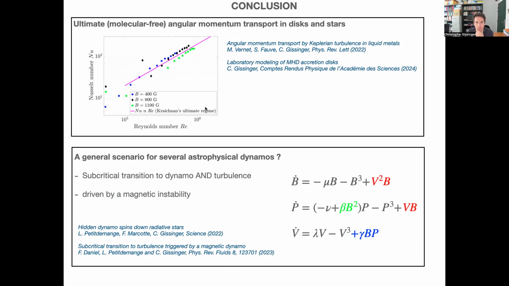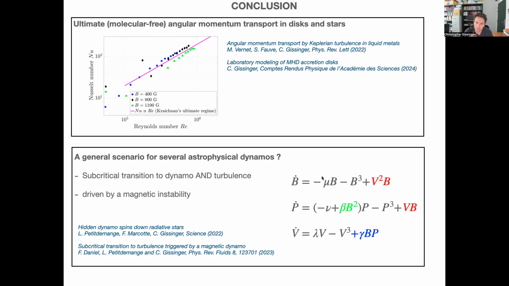So the first part is really to obtain a scaling law, which I believe provides some prediction quite universal for the transport of angular momentum by turbulence. At least by turbulence, not by something else. You could imagine other scenarios for transporting angular momentum, but if you want to involve turbulence, it should be constrained more or less by this prediction.